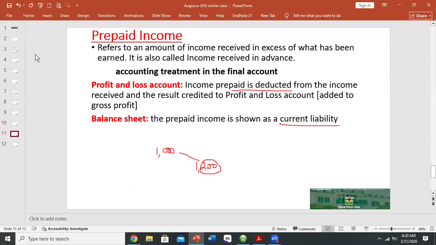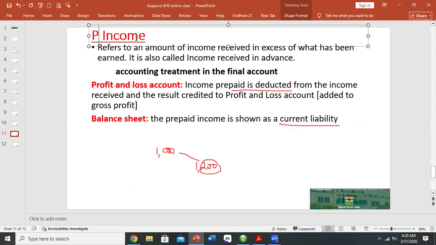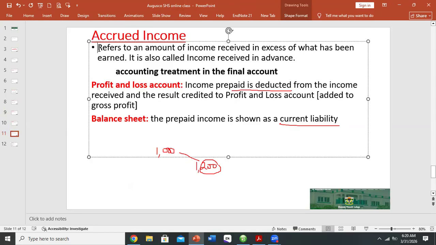So let me edit this slide so we can have the accrued income. Since you are now familiar with the word accrued, I'm sure you can suggest what it means.